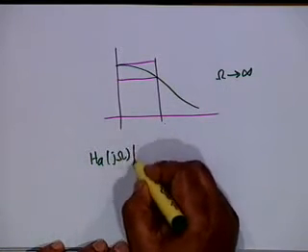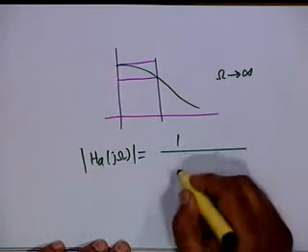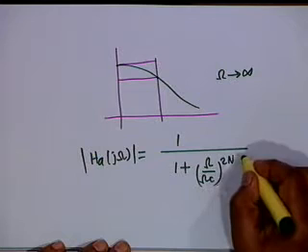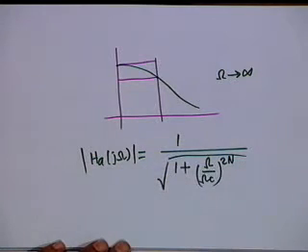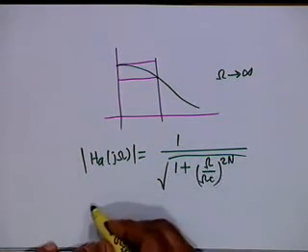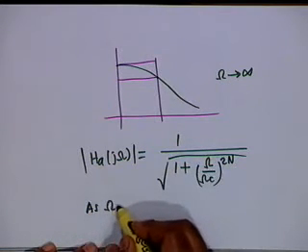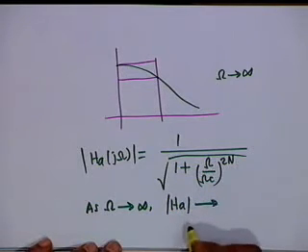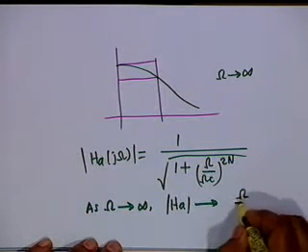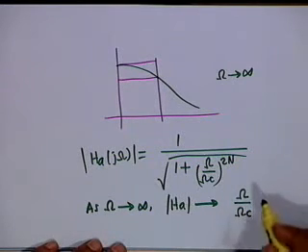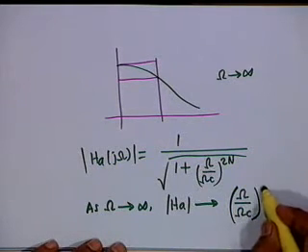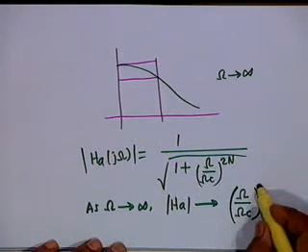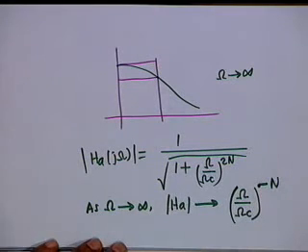Magnitude of HA of j omega is equal to 1 by square root of 1 plus omega by omega c to the power 2n, if we take the magnitude, and therefore as omega goes to infinity, HA tends to omega by omega c to the power, yes, minus n, that is correct.